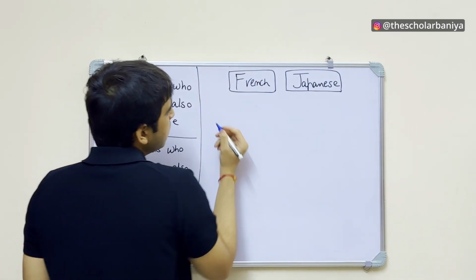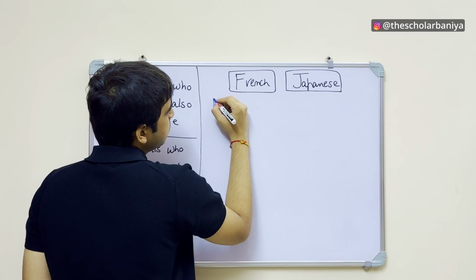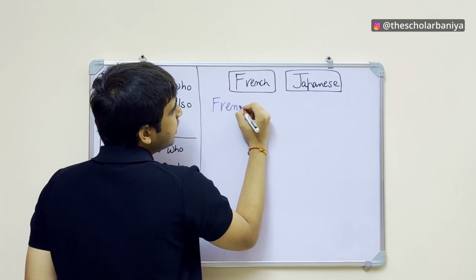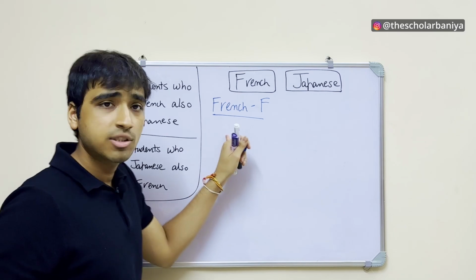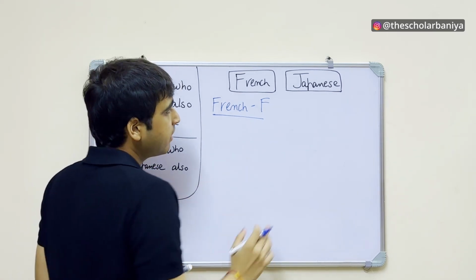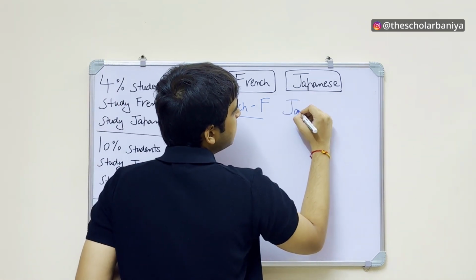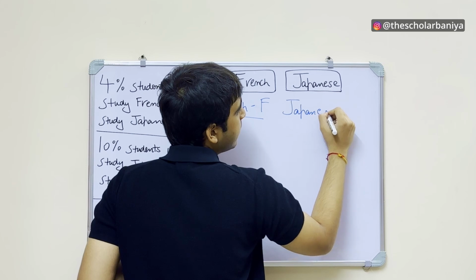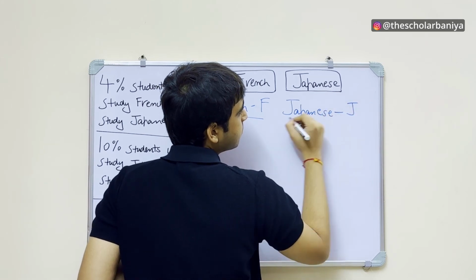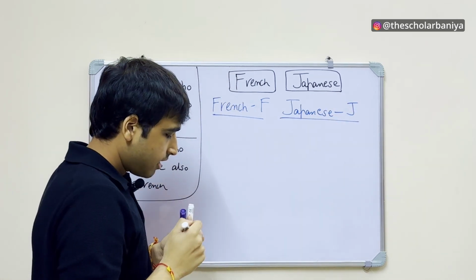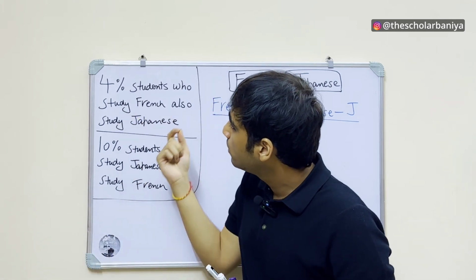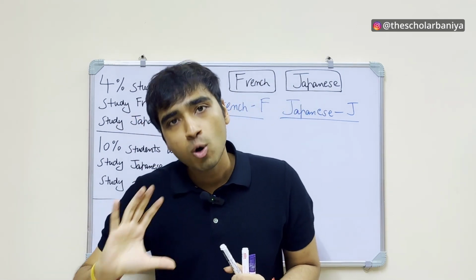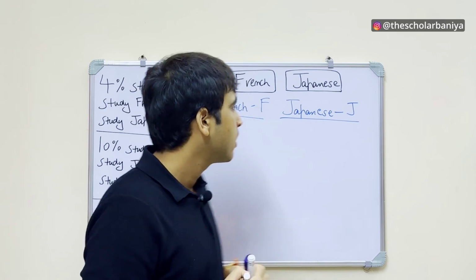So let's suppose that the students who study French, we denote them by F, and the students who study Japanese, we denote them by J, right? Now tell me one thing. It is given that 4% of the students who study French also study Japanese.